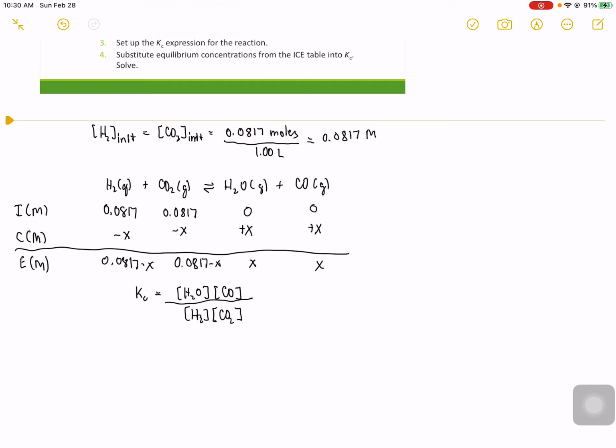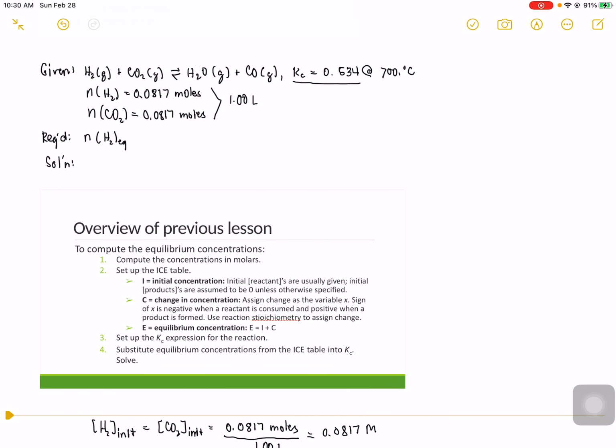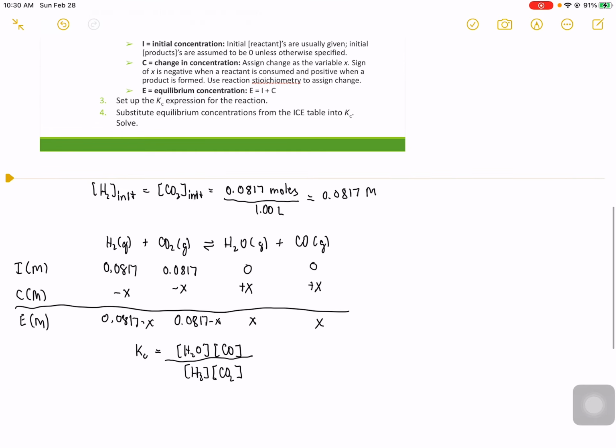K sub C is already given to us at 700 degrees Celsius. So we recall from the given, K sub C is 0.534. So we substitute it here now.